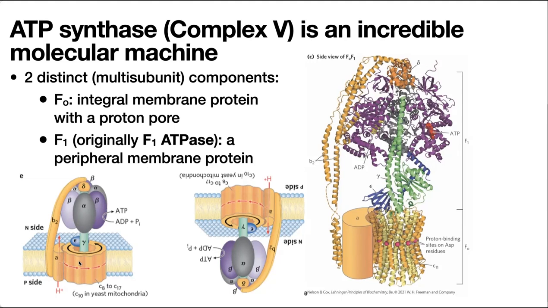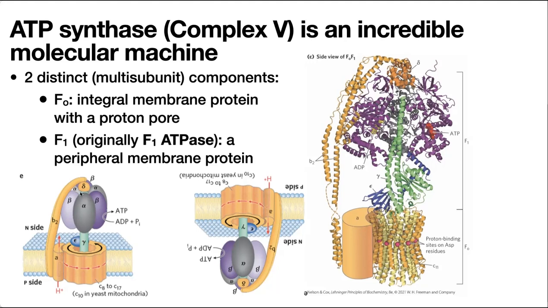Our FO is going to contain this A subunit, which is where the protons are going to flow through, as well as this ring of C units, the C ring. The C ring is going to turn when the protons flow through A. This is going to be coupled because the B subunit is also connected to our F1. Basically, when you have this ring turn, it's going to cause this central stalk to turn.